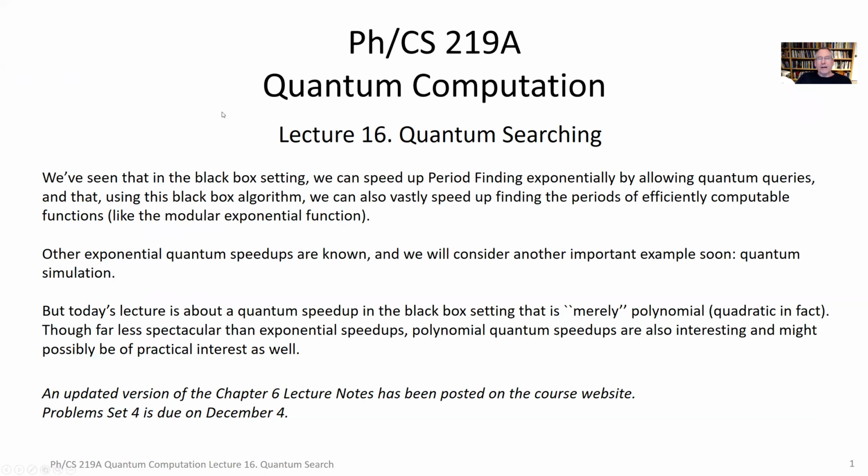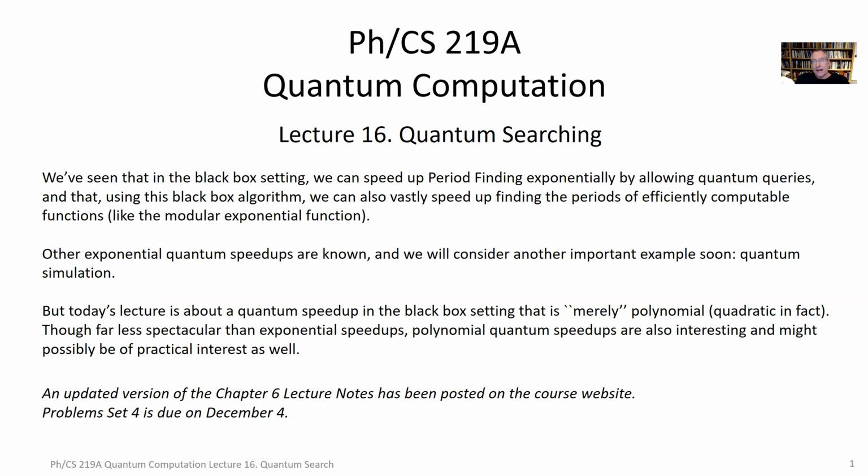So we've discussed in the last couple of lectures the black box setting, where we can talk about query complexity. And we saw that we can speed up period finding, for example, exponentially by allowing quantum queries relative to when we have only classical queries.